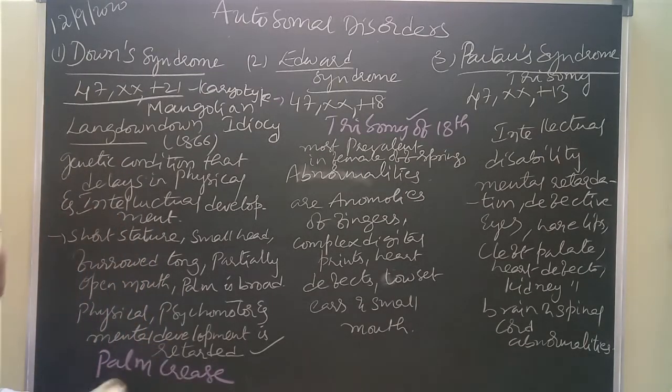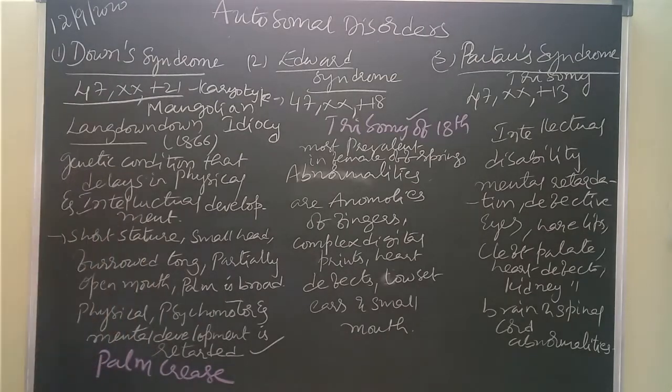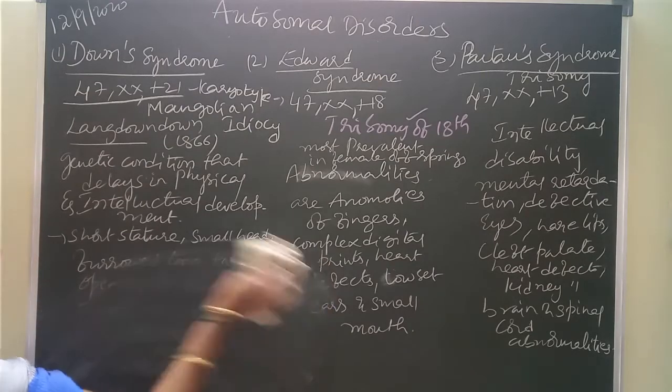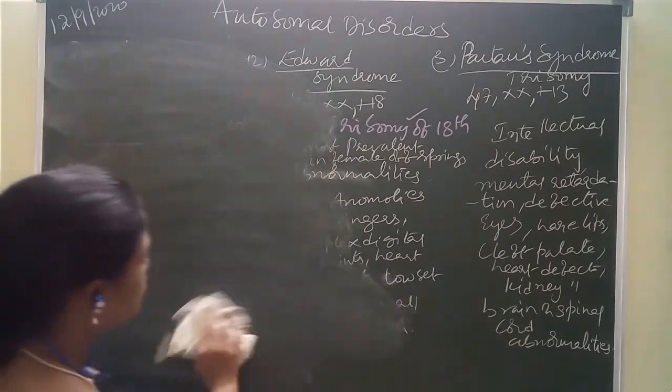Now coming to the next one, which we call Cri du chat syndrome, or 5P minus syndrome, or cat cry syndrome. So the remaining two, the last two, are still to come.